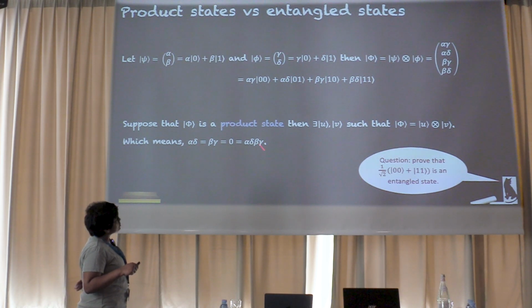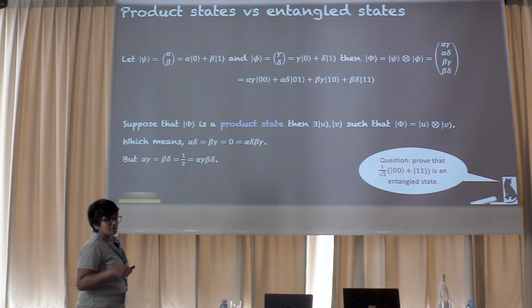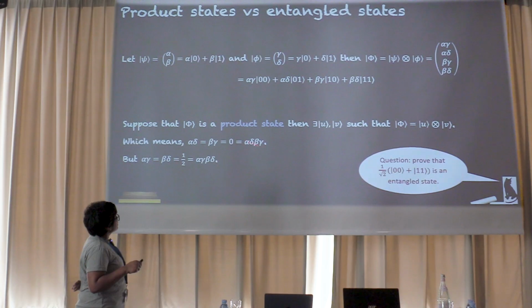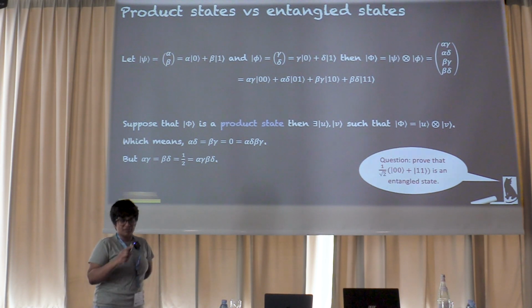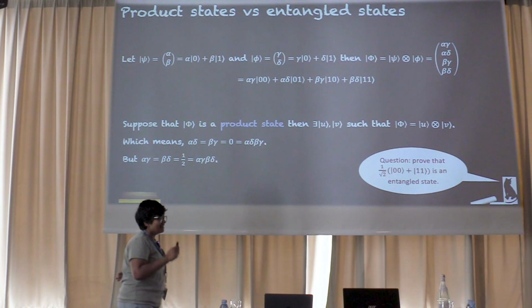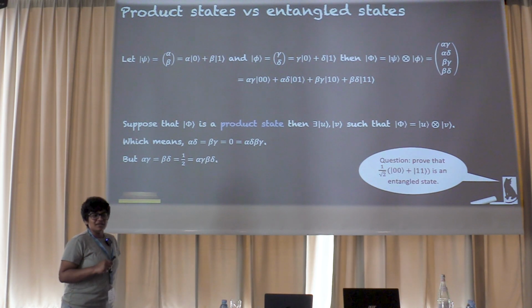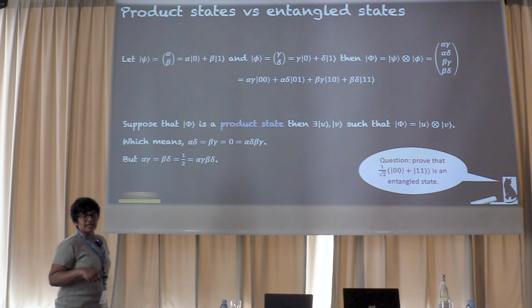That means their product should be 0. But from the other two terms, I get that alpha and gamma should be 1 by square root 2, and beta and delta should be 1 by square root 2, which means their product should be half, right? So I'm having a contradiction here because it can't be both 0 and 1 simultaneously. They are complex numbers, not magic numbers. Maybe there's a thing called magic numbers, I don't know. Okay, you see? So the state we have now is an entangled state.